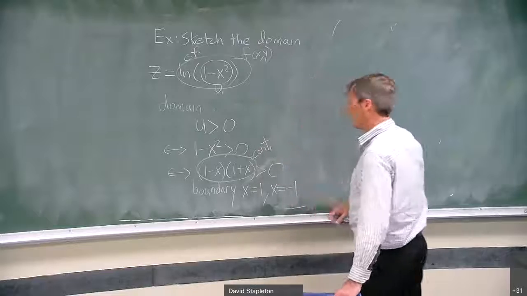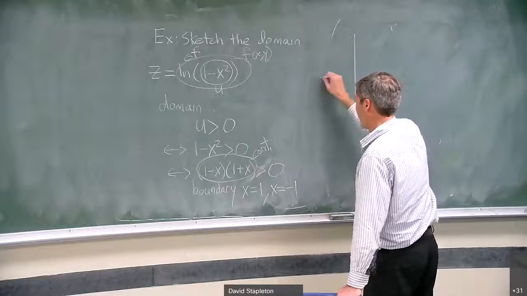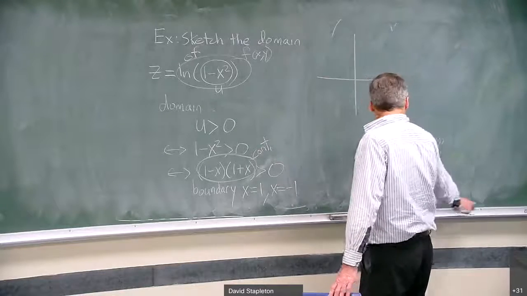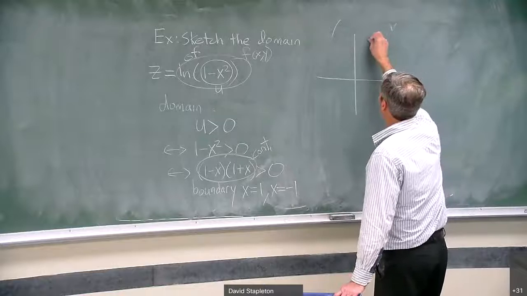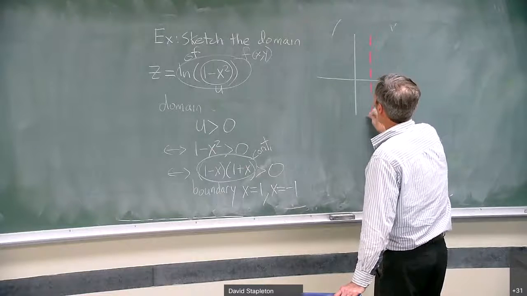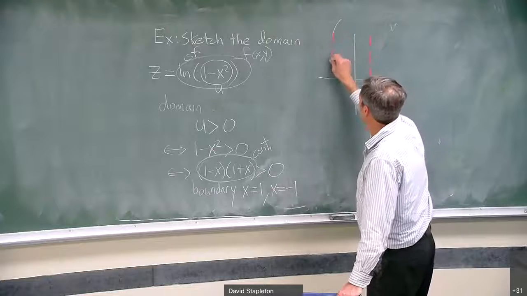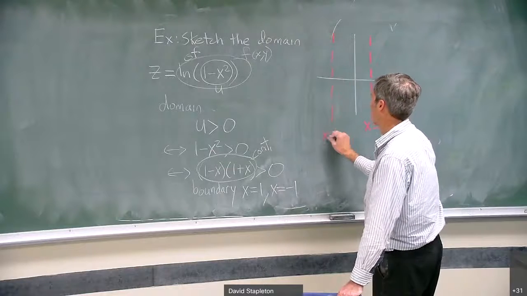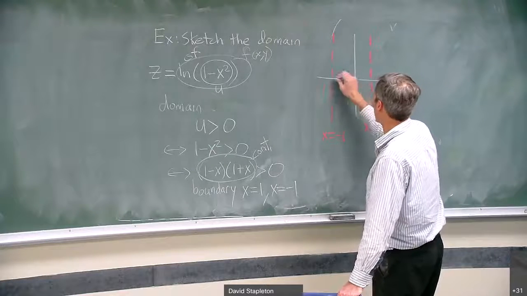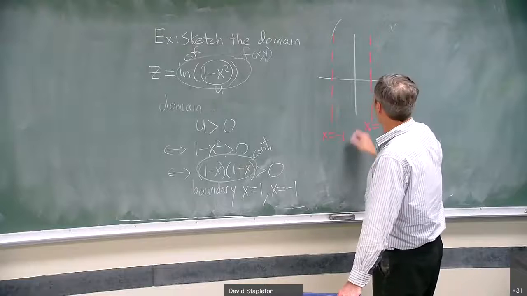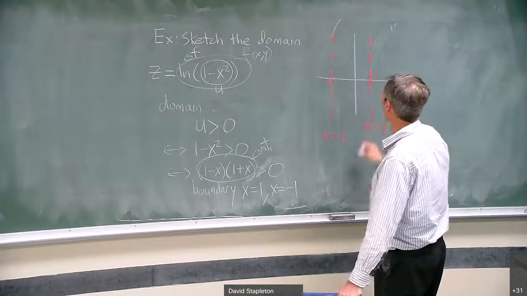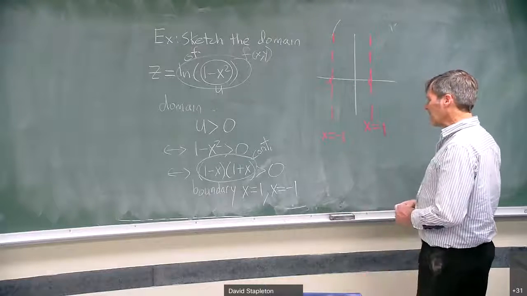I just have to check between the lines and on each side of the line. So the line x equals 1 is a vertical line like this. The line x equals minus 1 is a vertical line like this. There's 1 and minus 1 marked on the axis. And now I just check between.